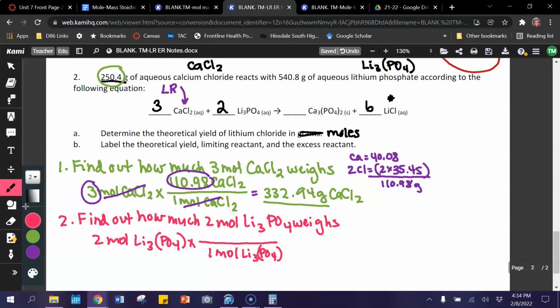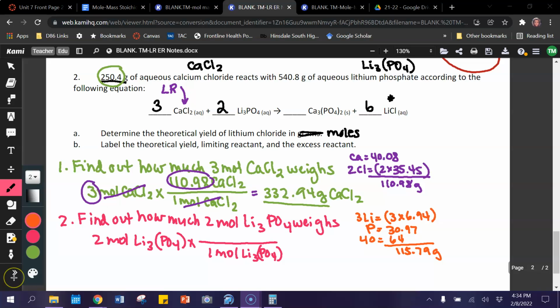And to find the molar mass of lithium phosphate, I have to consult my chem helper. All right, so I wrote out the molar mass calculation for lithium phosphate in orange off to the side, and it looks like 1 mole is equal to 115.79 grams of lithium phosphate. Okay, great.